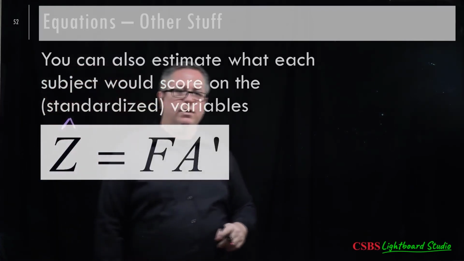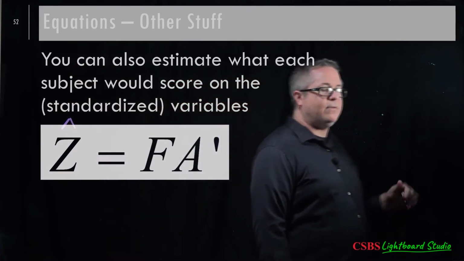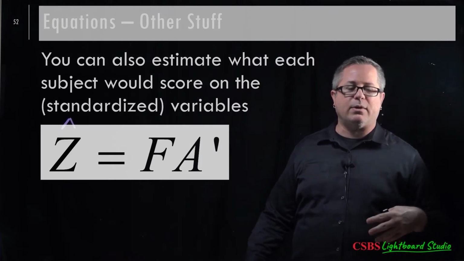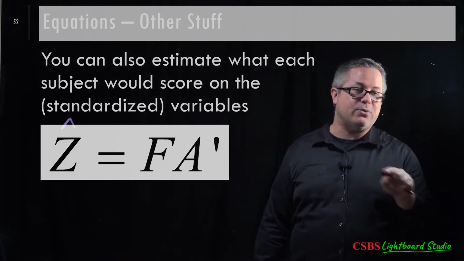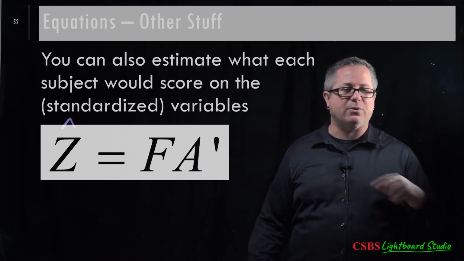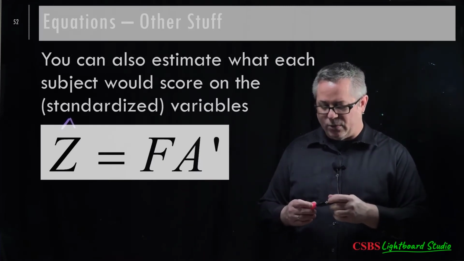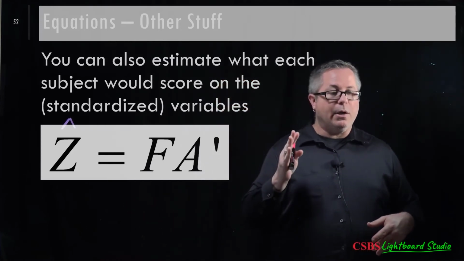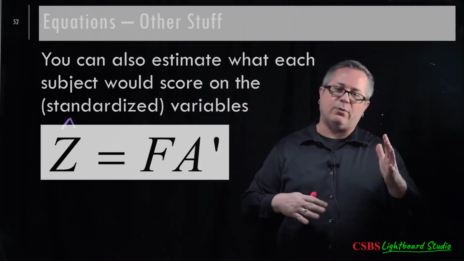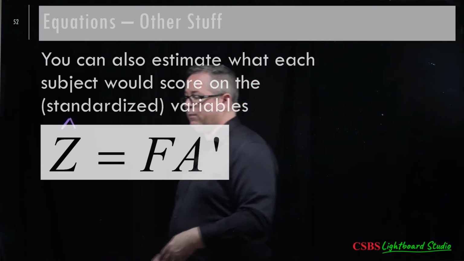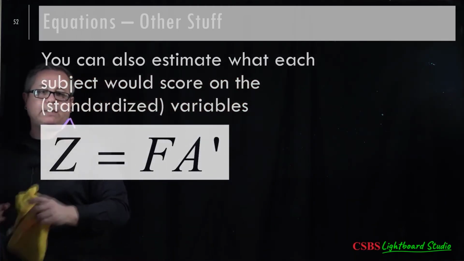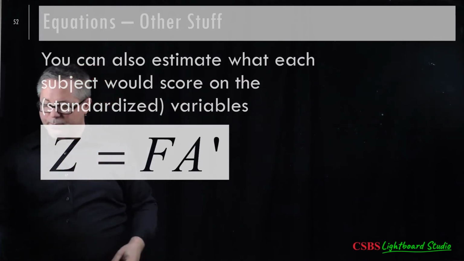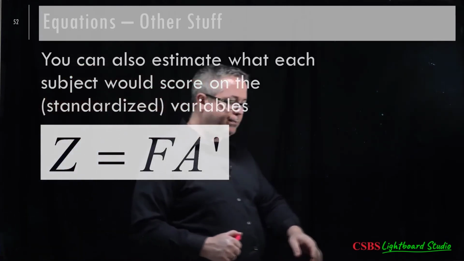If we wanted to predict what someone would score based on their factor score and the loadings on the items, we can get a predicted Z score for what everyone would score on the individual items based on their factor score. So it's going in reverse. That's something you can do if you wanted to. And then you can look at the residuals based on what they actually scored and what you predicted the score to be, and that's a whole other thing. But you could do that if you really wanted to see how well the model is capturing the data. All right.